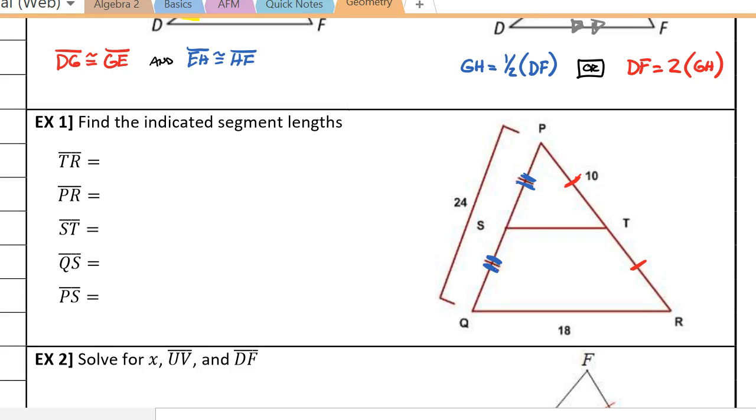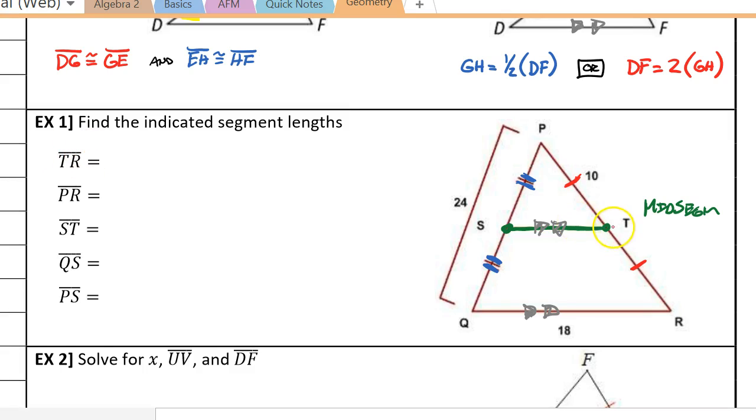So what that means is that S and T are midpoints of their respective sides, which means that ST is in fact the midsegment. Okay, what that means then is it runs parallel to the base. And I know that ST is equal to 1/2 of QR, or QR is equal to twice the ST. Okay, well, let's go ahead and figure out which sides we're looking for.